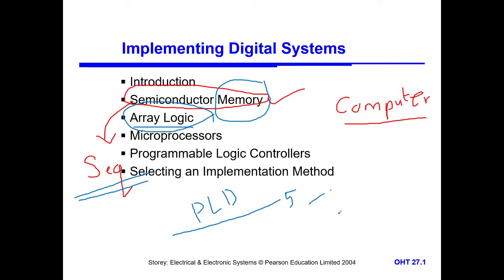One is PROM, another one is PAL, another one is PLA, next one is the CPLD, and the next one is the FPGA. All these things we have to study in the 5th unit, such as semiconductor memories and 5 PLDs.